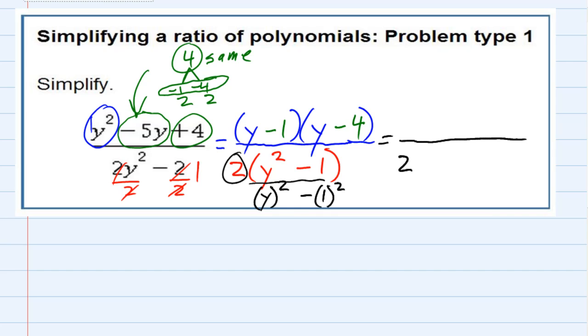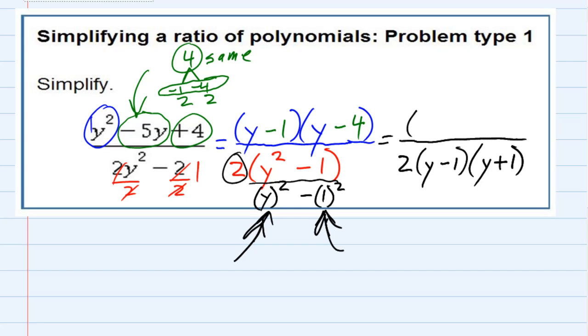But what is inside those parentheses, that will factor as the first one, y, minus the second one, 1, times the first one, the y again, plus the second one, 1. So we're getting those from here. And now we've got the bottom completely factored.